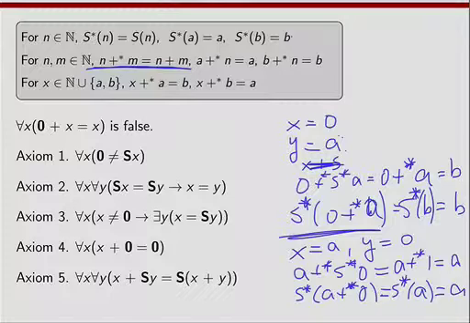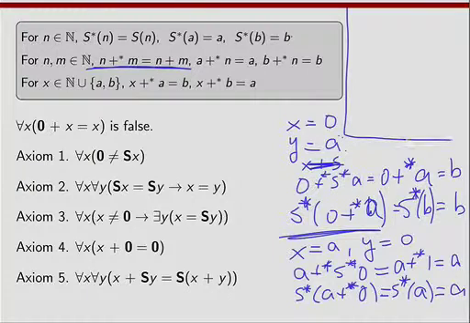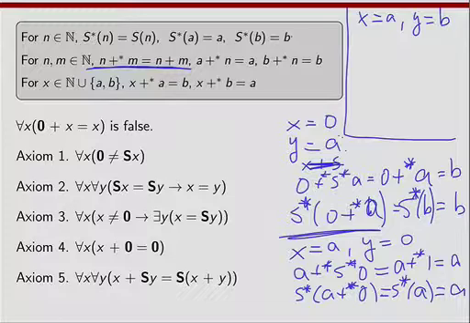So verifying axiom 5 is just going to be going through lots and lots of examples. One more example that we can do is what happens if x is equal to a, but y is equal to b. This will also test your understanding. In fact, you should probably pause and figure out what the answer should be, and work out why axiom 5 is true, but I'll go ahead and do it now.